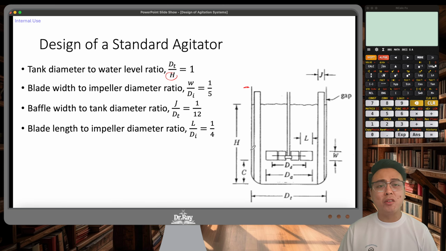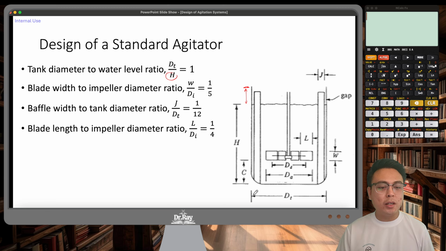For many design reasons, because you would not design an agitation system wherein the intended liquid level height is the same as the height of the tank, right? Because there's a very big risk of spillover once you start spinning this impeller. So usually we give some sort of allowance between the intended liquid height and the actual tank height, so as to prevent spillage.